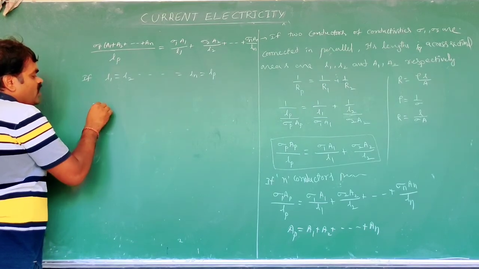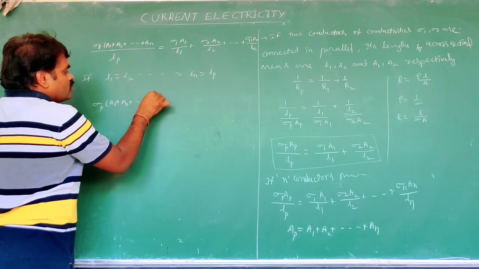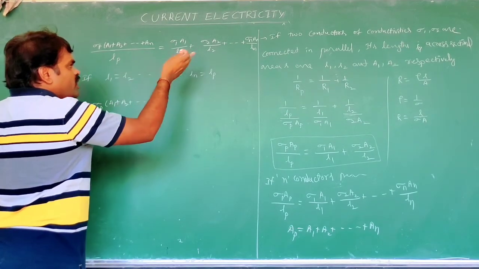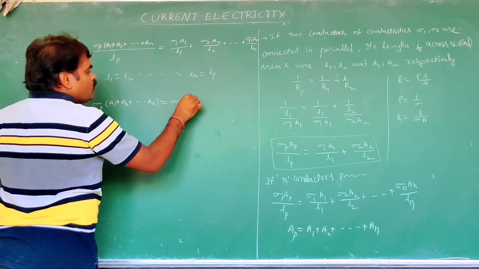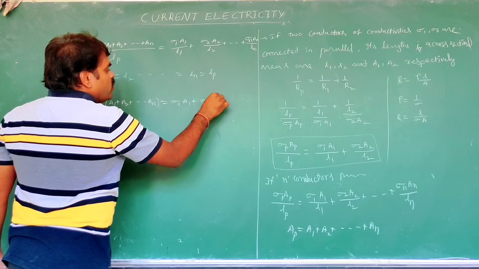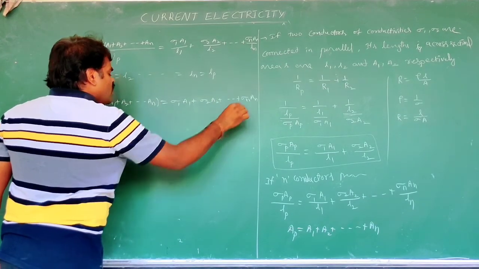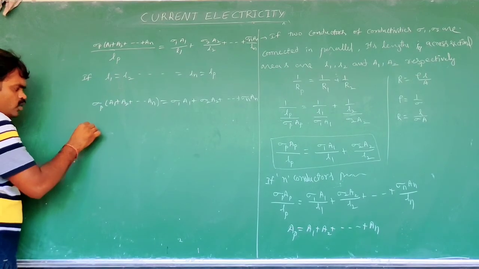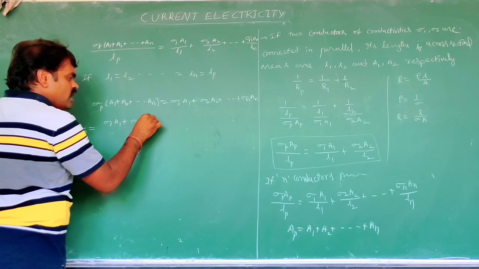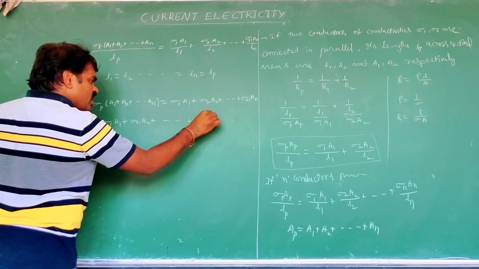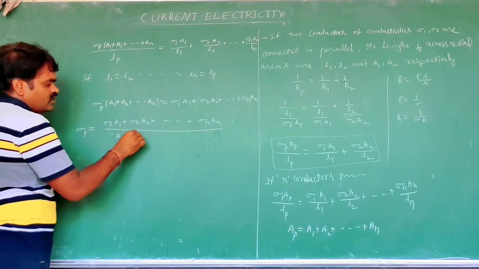Then sigma P into (A1 plus A2 plus dash An) is equal to, taking L common, L cancels, and only the numerator remains: sigma 1 A1 plus sigma 2 A2 plus dash plus sigma n An. So sigma P can be written as sigma 1 A1 plus sigma 2 A2 plus dash plus sigma n An by A1 plus A2 plus dash plus An.